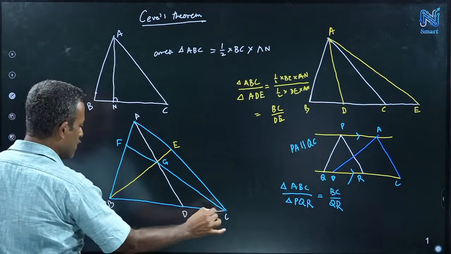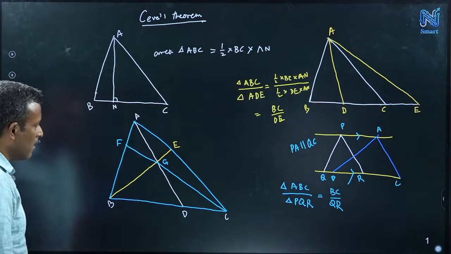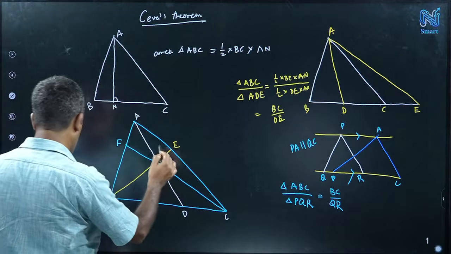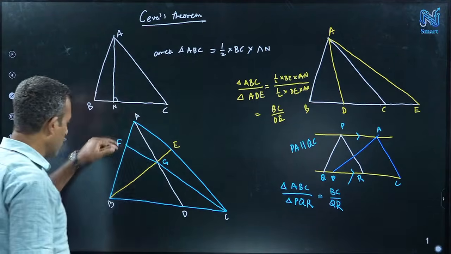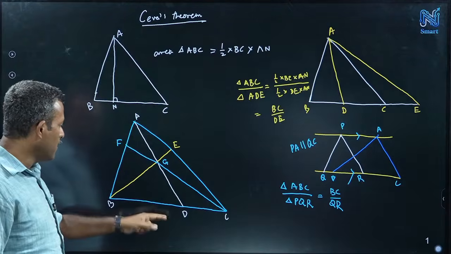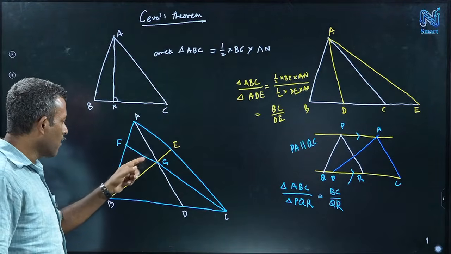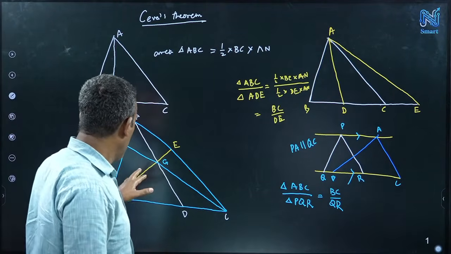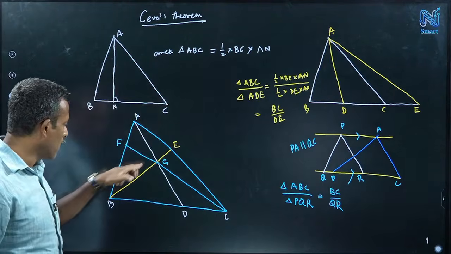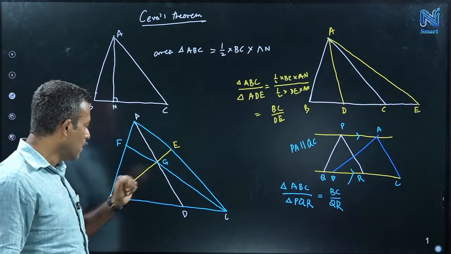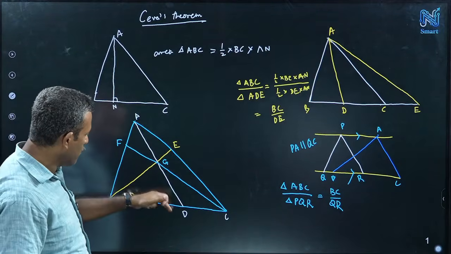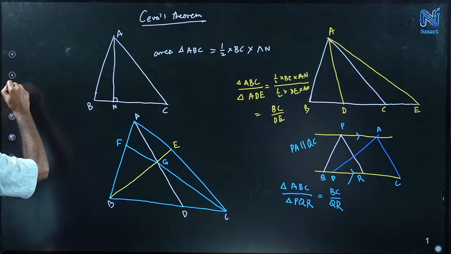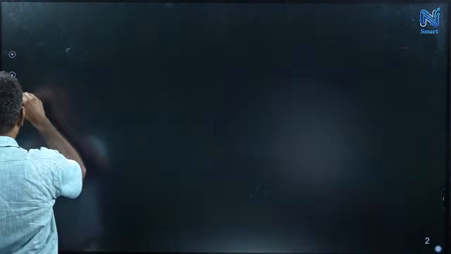Remember that ABC is a triangle, D is a point on BC, E is a point on AC and F is a point on AB, and AD, BE and CF are concurrent and the point of concurrency is G. Now remember the line colors, yellow, then blue, and from A it is white, then yellow, then blue. So you draw the figure again.